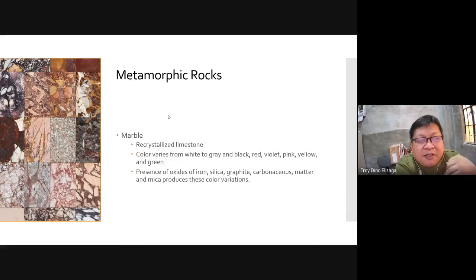For metamorphic rock, the most common, most popular is marble. As you can see in the picture, there are so many types and so many designs of marble. If you're doing interior designing, it's a little challenging.